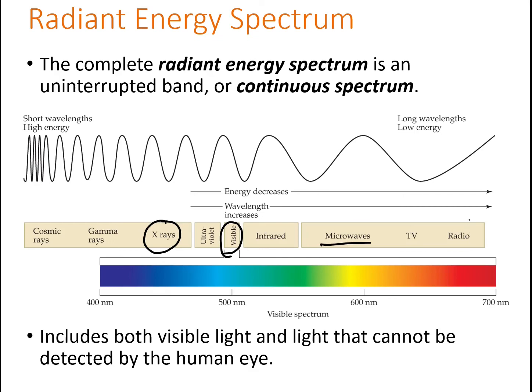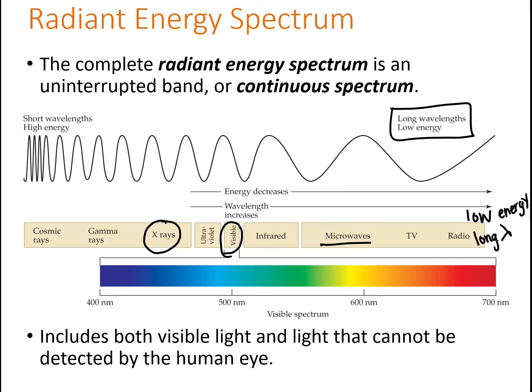Starting with radio waves, these are low energy, long wavelengths, which is already written up here. But you know I like to write as I talk. I can't help it.